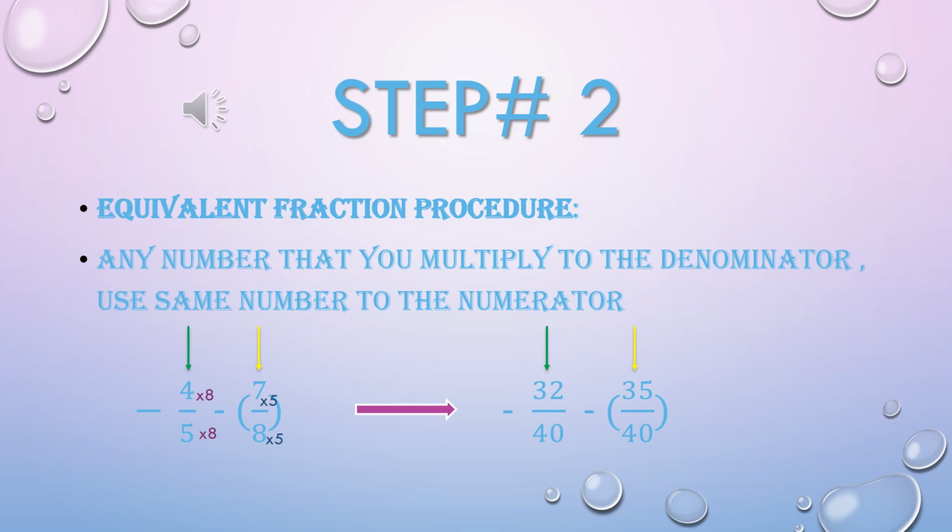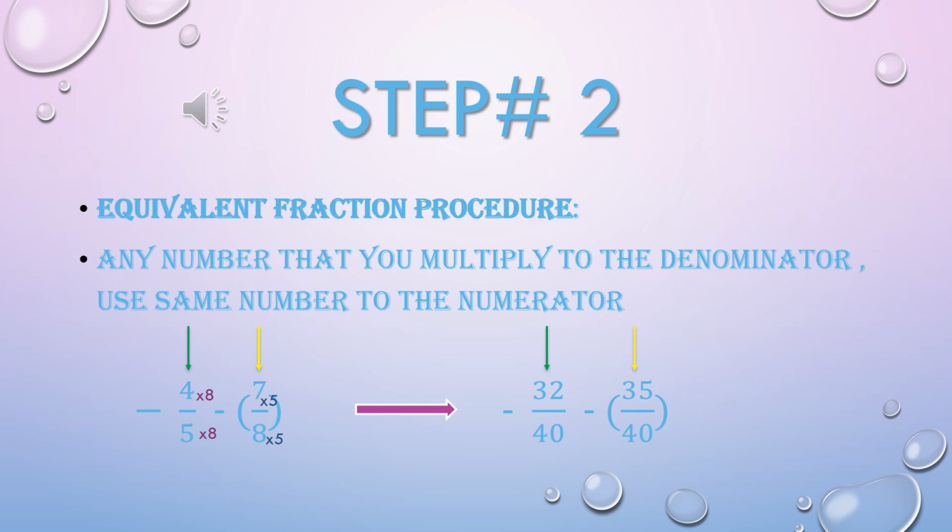In the previous slide, we saw that the LCD for the two fractions is 40. But if we change our denominator, we change our numerator. How are we going to do that? Applying the equivalent fraction procedure. Any number that you multiply to the denominator, you will also have to do it to the numerator. In this case, in the first fraction, I multiply 5 times 8 to give me 40.